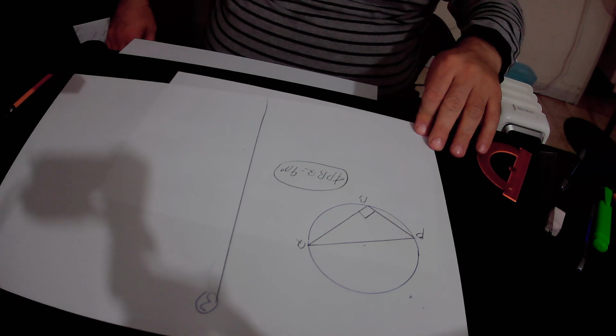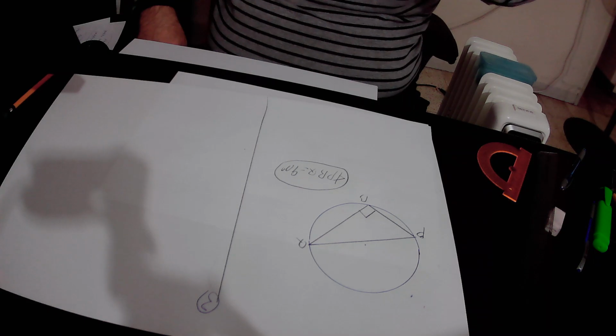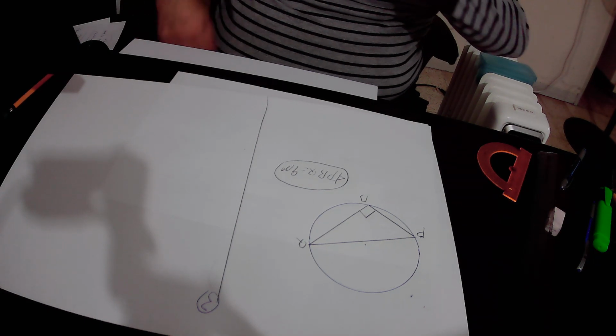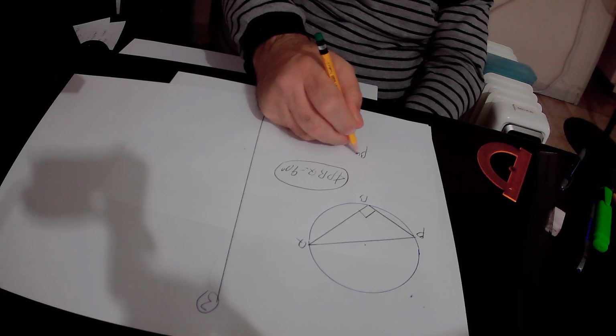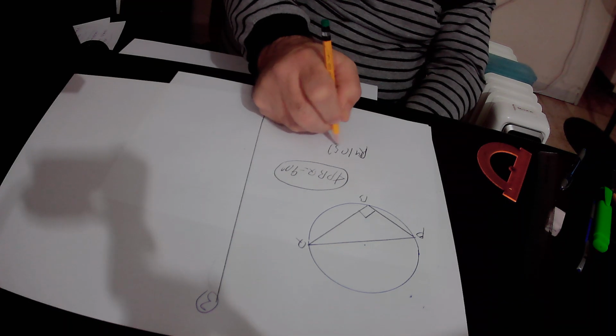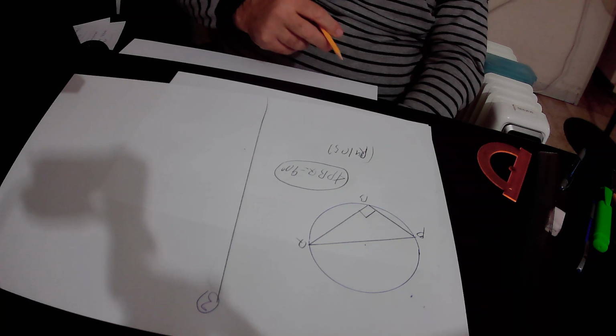Why? Because in our drawing we have the peripheral angle QBP that is equal to 90 degrees, and therefore, according to rule number 5, this peripheral angle QBP rests on the diameter of the circle.